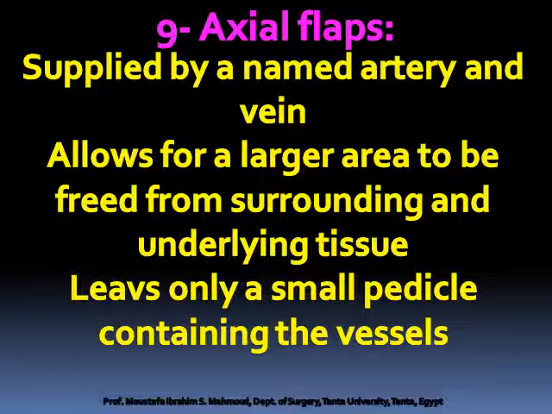Axial flaps, supplied by a named artery and vein, allows for a larger area to be fed from the surrounding and underlying tissue, leaves only a small pedicle containing the blood vessels.